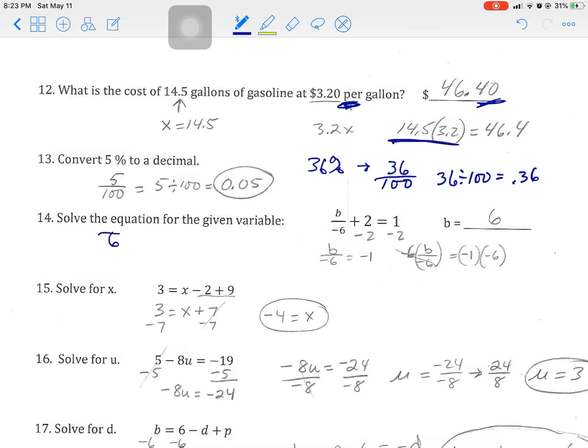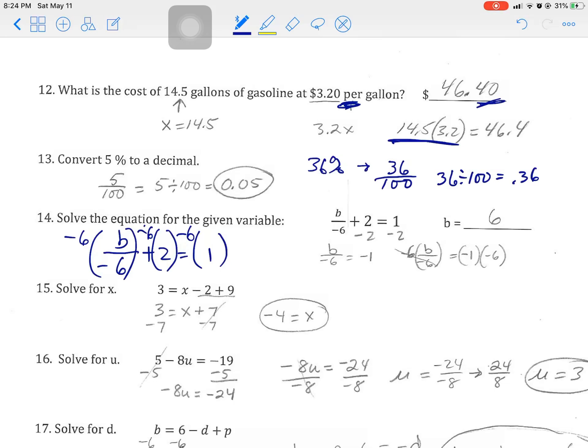How many people looked at it and saw a fraction and said, well, I know this, since this is an equation, I can clear the fraction by multiplying every term by the LCD. So -6, -6, -6. I think the biggest problem with this method is people forget to multiply all the terms.